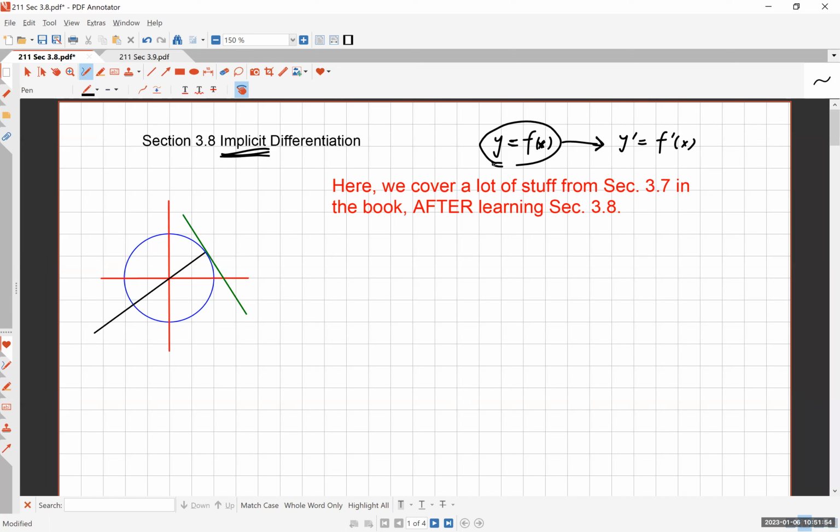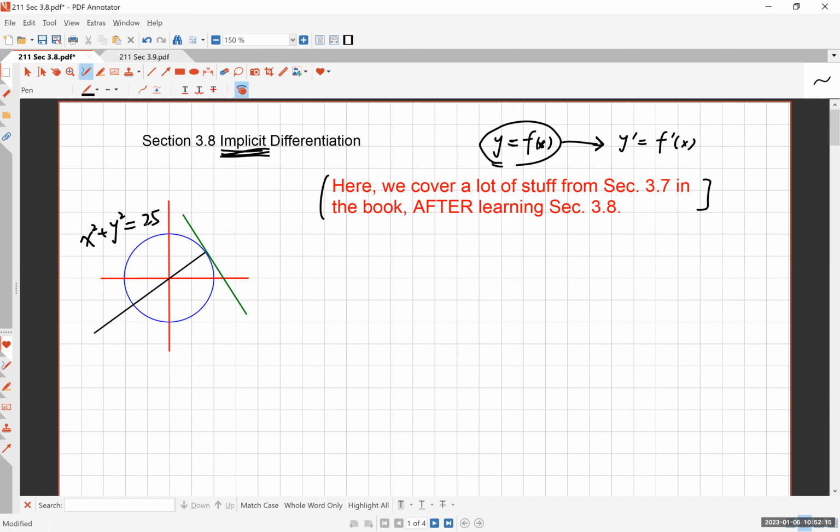As I said before, we are going to cover a lot of stuff that appears in section 3.7, because once you have this wonderful tool called implicit differentiation, we can do so many things in much easier ways.